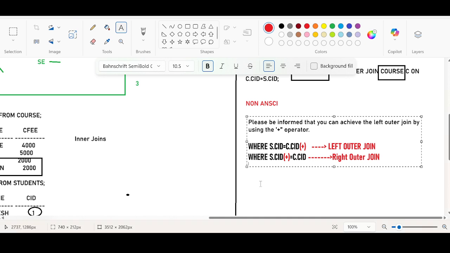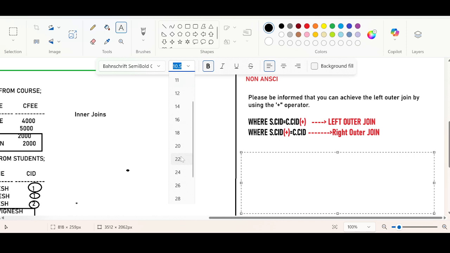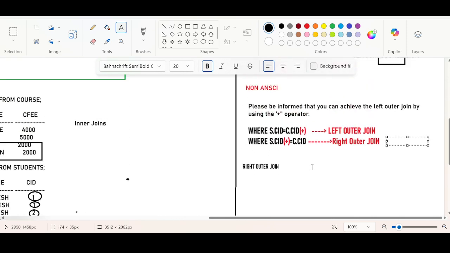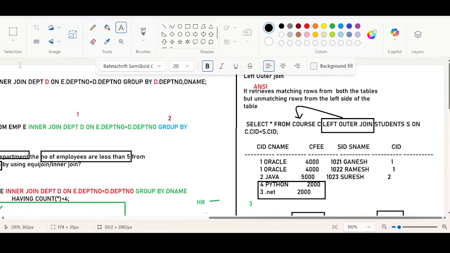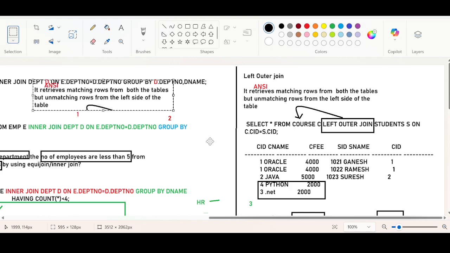And the next thing we have what? Right outer join. This should be our right outer join. So what is this right outer join? Same thing. Okay, I can copy the same query, same explanation, and paste it.